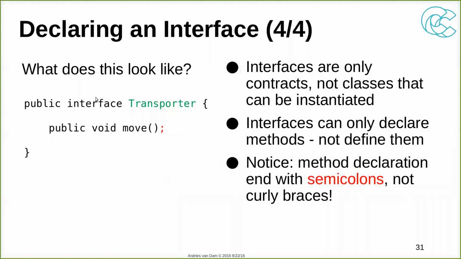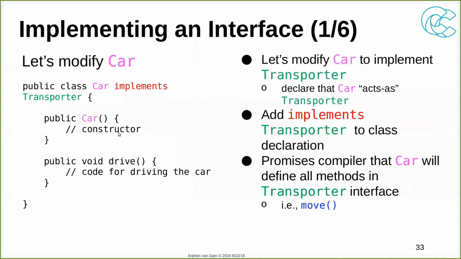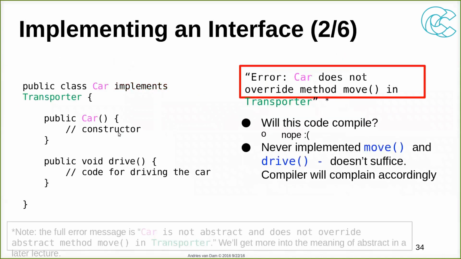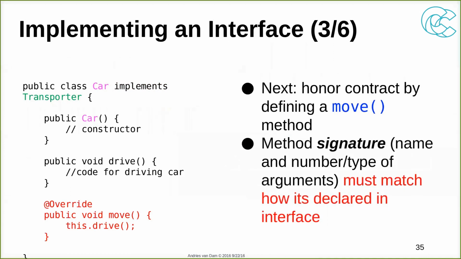So this is the way you define an interface. And in order to implement it, the way is to use the keyword called implements. Once you implement an interface, you have to provide the body for all the methods in the interface. In this case, we have only one method, which is move.